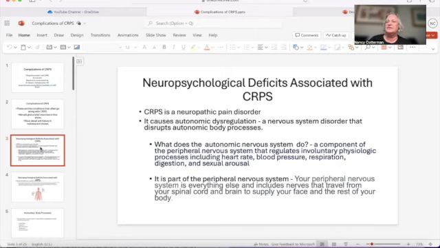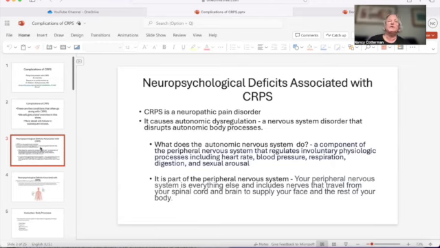Neurophysiological deficits associated with CRPS. CRPS is a neuropathic pain disorder. It causes autonomic dysregulation, a nervous system disorder that disrupts the autonomic body processes. So, what does the autonomic nervous system do?